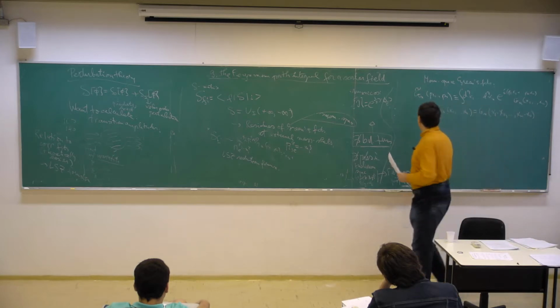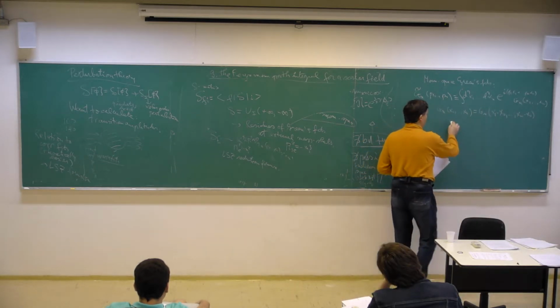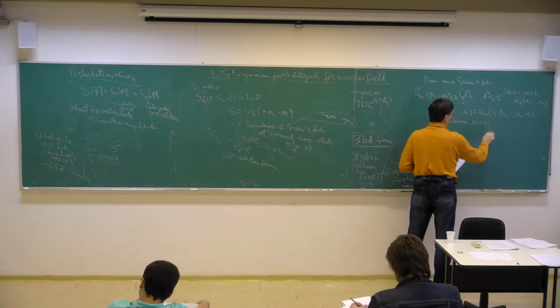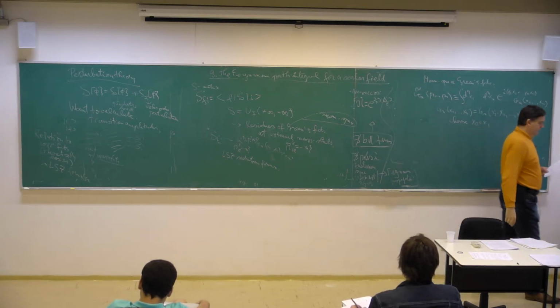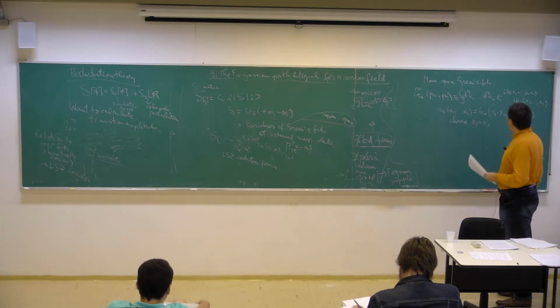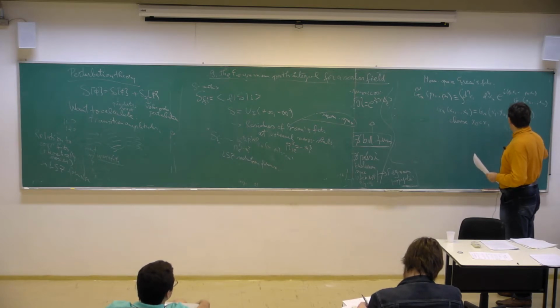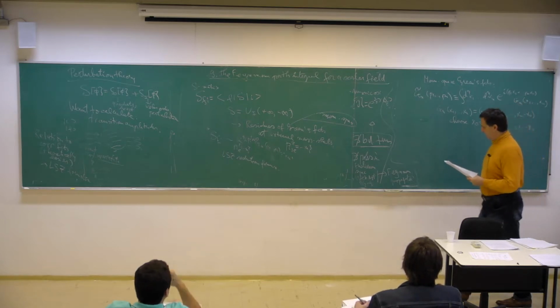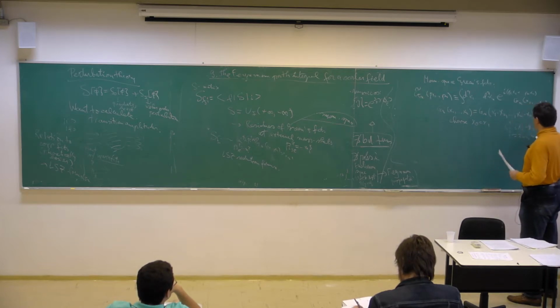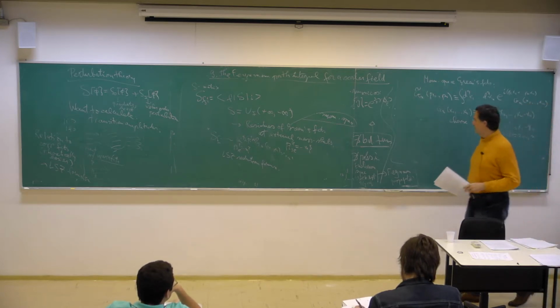And then, for instance, I can choose x0 to be equal to x1, right? And then in this integration, I can change to xi prime equal to xi minus x0 for the other ones.